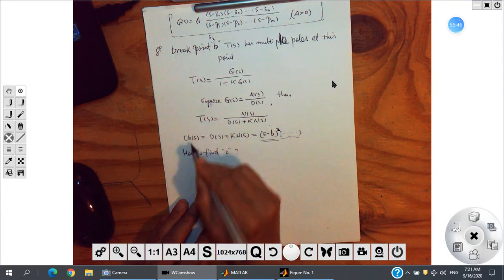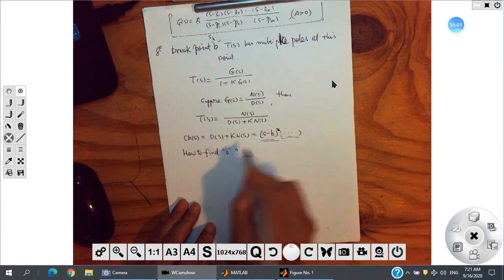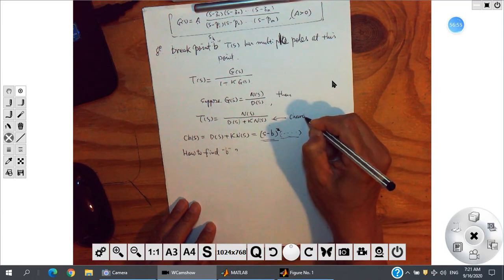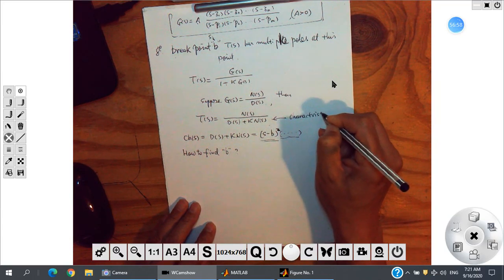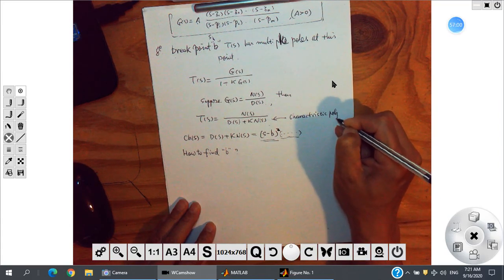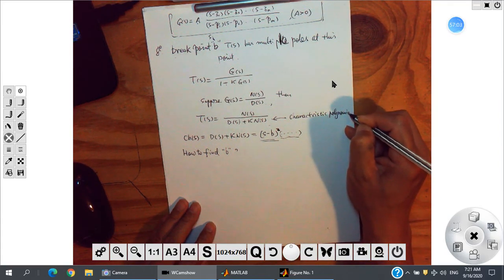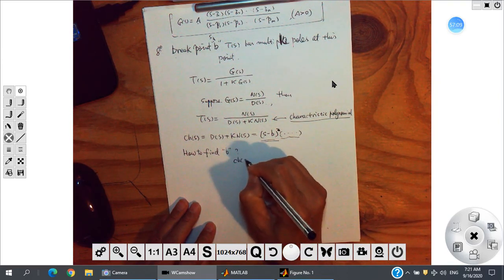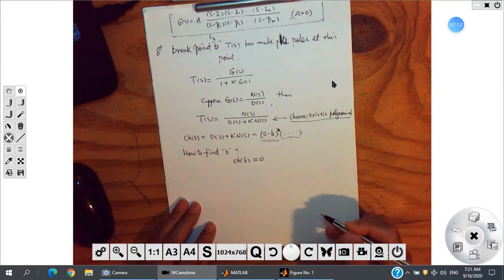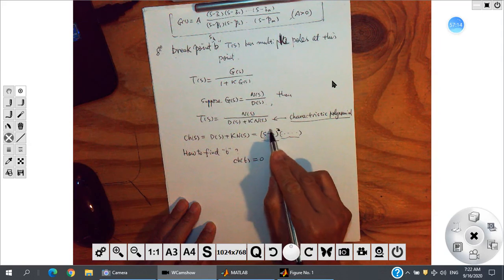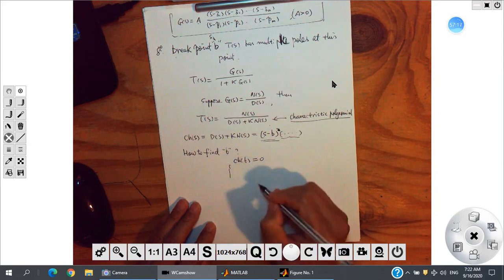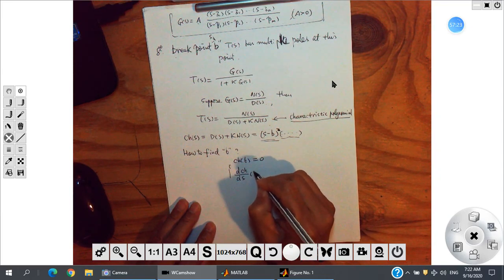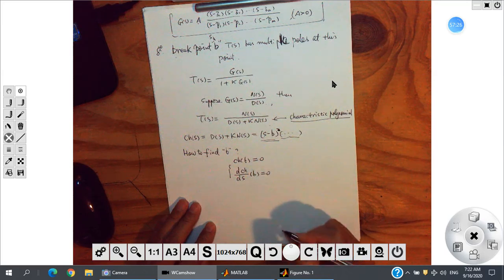This is the denominator of the transfer function, also called the characteristic polynomial or equation. When you plug in s equals B, it must be 0, and when you take the derivative, that is also 0.